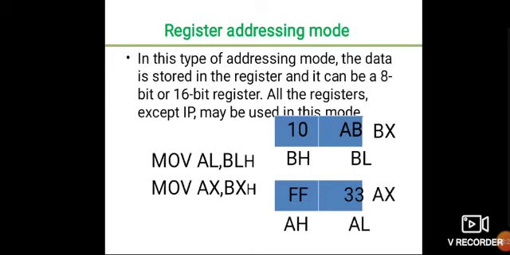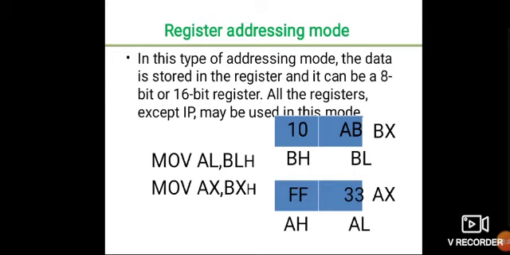For example, I have given here the MOV instruction, so it is a data transfer instruction. BL is 8-bit, AL is 8-bit. Similarly, BX is 16-bit, AX is 16-bit. Here I have taken MOV AX, BX.